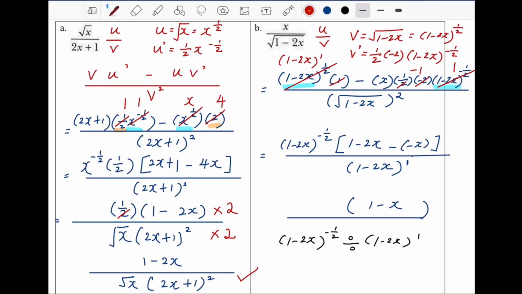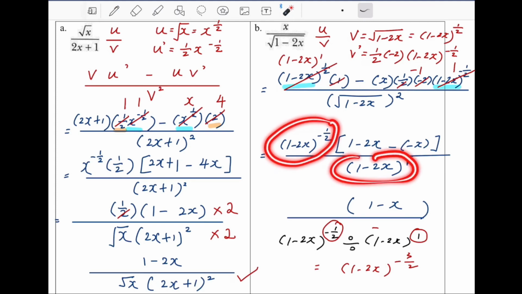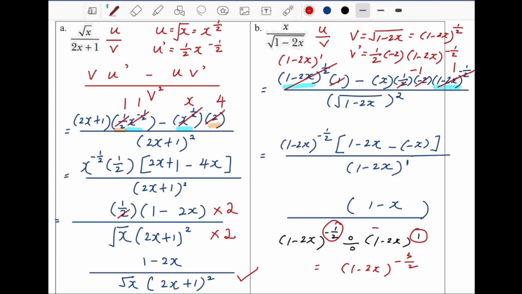So in between the power, it is minus. So what do you get? You have 1 minus 2x negative 3 over 2. Am I right? And you combine these two. So now your final answer should be 1 minus 2x to the power of negative 3 over 2.